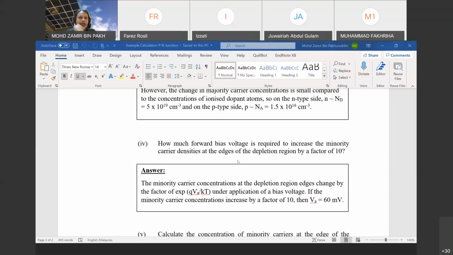Faris, can you share your answer? Can you explain a little bit verbally? What did you get? How did you get to the 60 millivolt? I think you got it right. It's okay, it's just a matter of decimal place. Can you explain how did you get to the 0.66 volt?